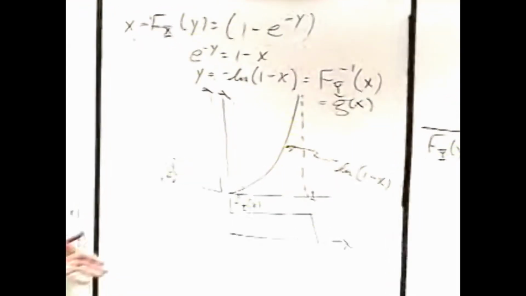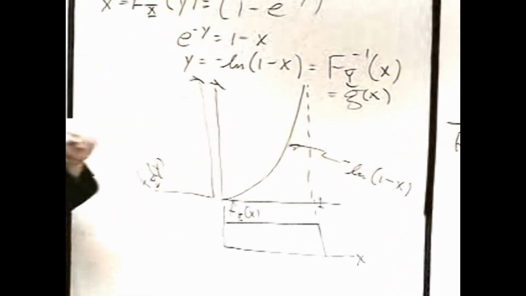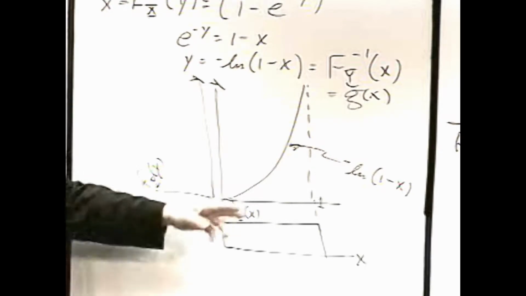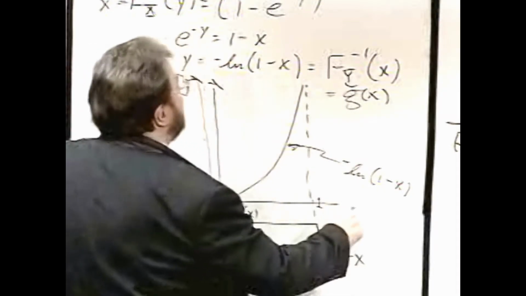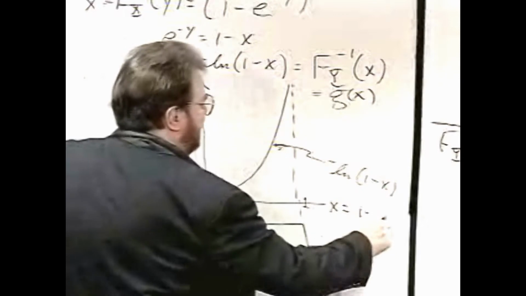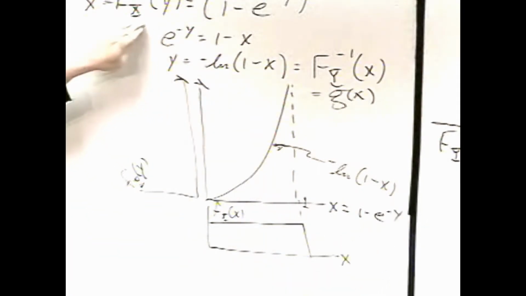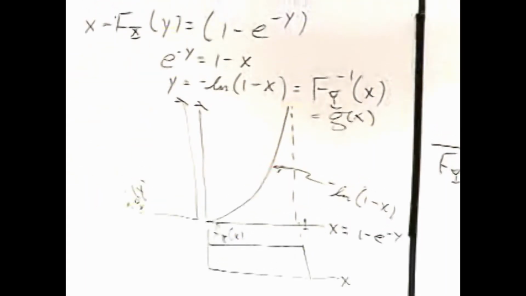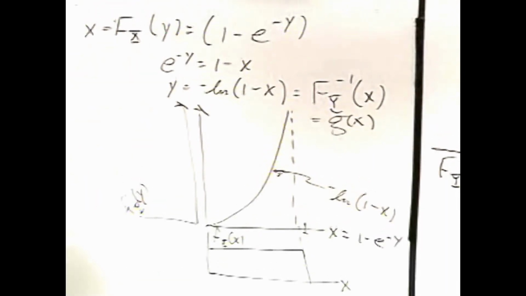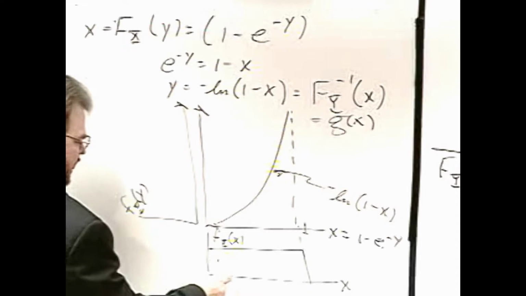And you'll notice if we look at it sideways, if we solve for x here, what do we get? X is equal to 1 minus e to the minus y from up here, from this equation up here, right? So if we solve for this. So therefore, I think you can see some of the things which are happening.